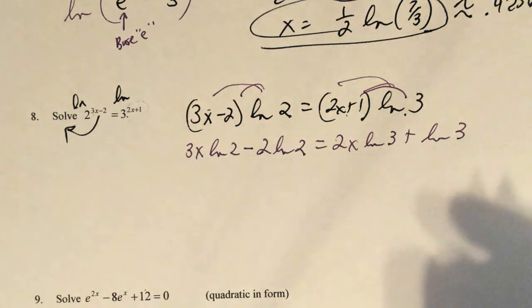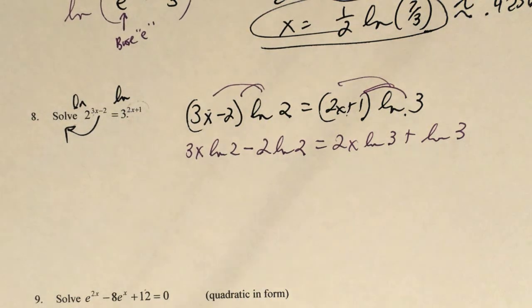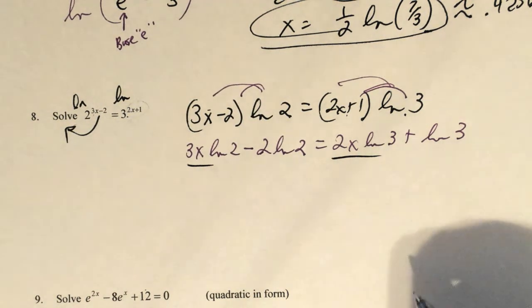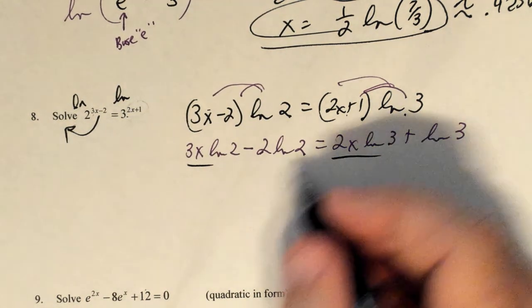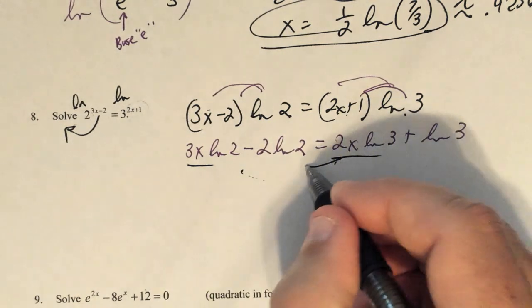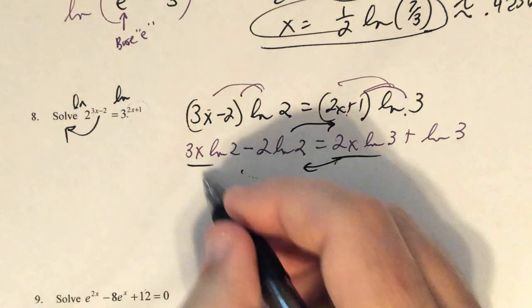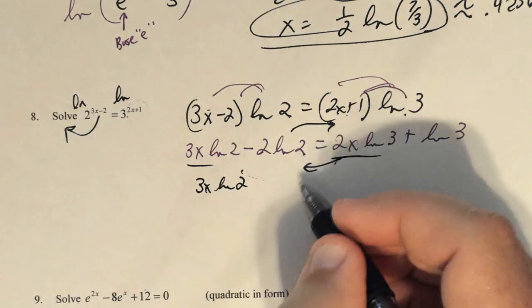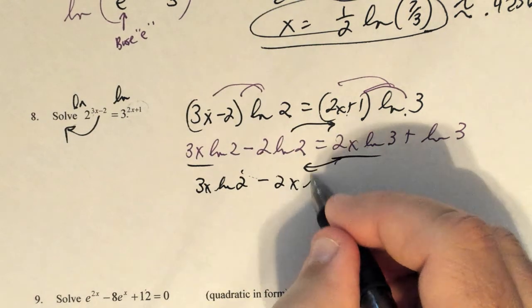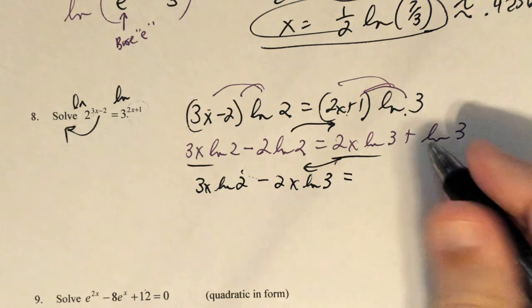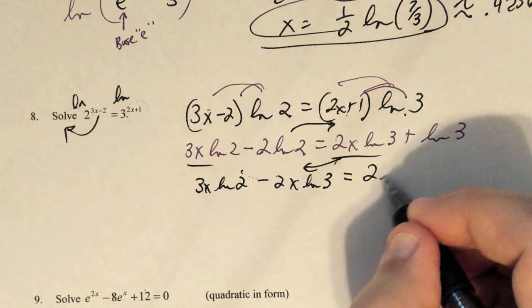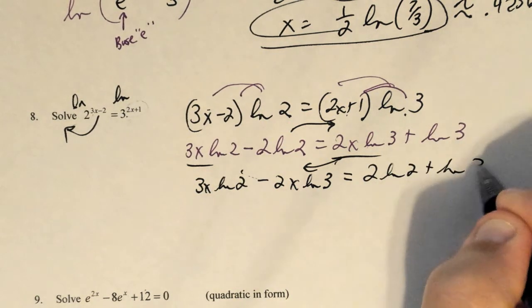Now what we're going to do is we're going to get the things that have x's on the same side, things that don't have the x on the other side. So we're going to bring this one this way, and we're going to take this one, move it to the right. So I'm going to get 3x natural log of 2 minus 2x natural log of 3 is equal to 2 natural log of 2 plus natural log of 3.